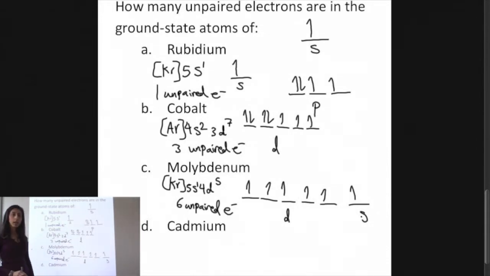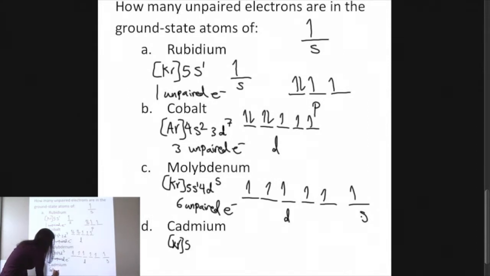And the last one is cadmium, and that's going to have an electron configuration of krypton, 5s2, 4d10.